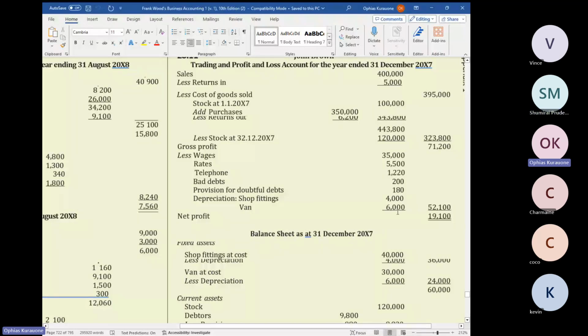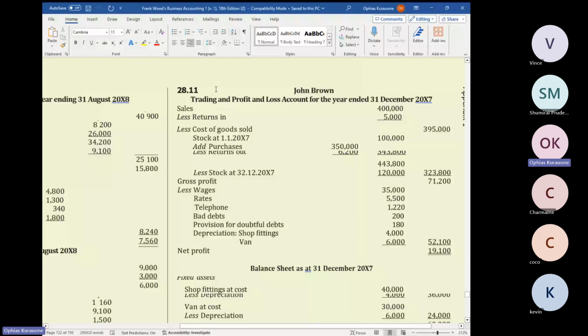Okay, this one, like what we were saying. Our sales 400,000, less returns 5,000, cost of goods sold 295,000, like what we've said here. Stock, purchases 100,000, less returns outwards.